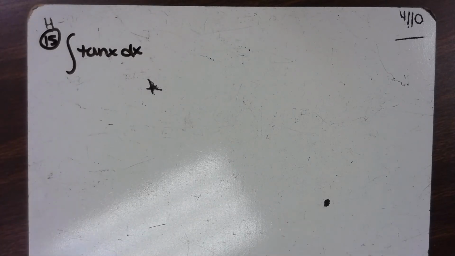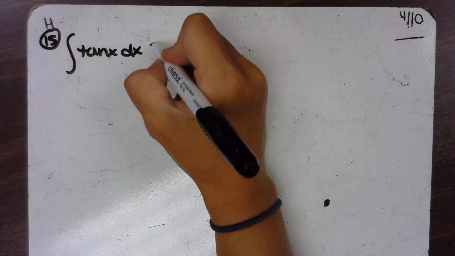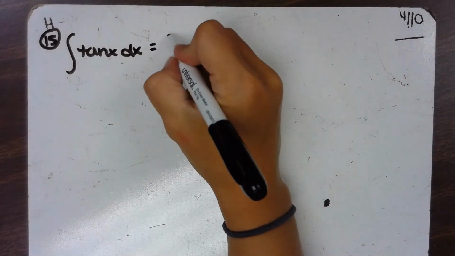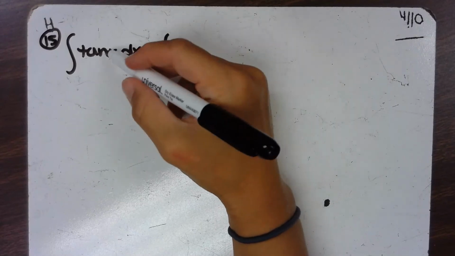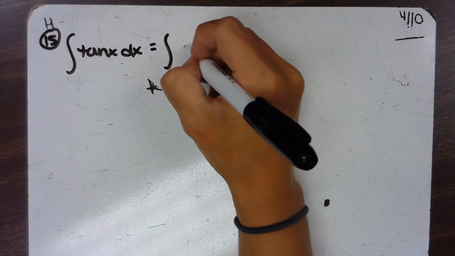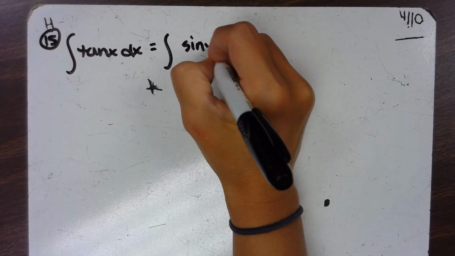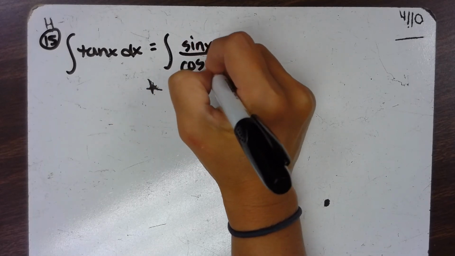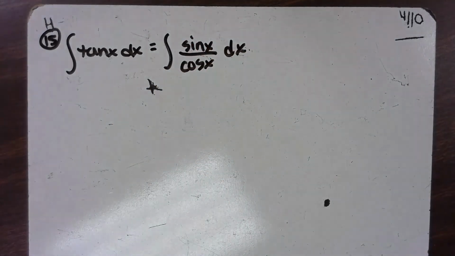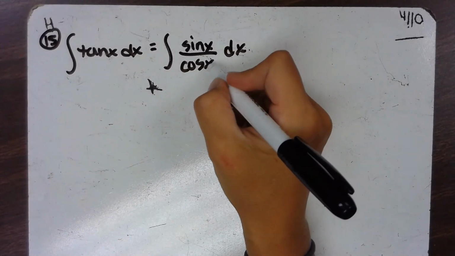All right, tan x. Now the problem here with tan x is if I make u tan x, the problem is the derivative of tan x is secant squared. Okay, and I don't see that secant squared and I can't add it in there. However, if I take my tangent and I change it to sine x over cosine x, I start to look and I'm like, oh, wait a minute.